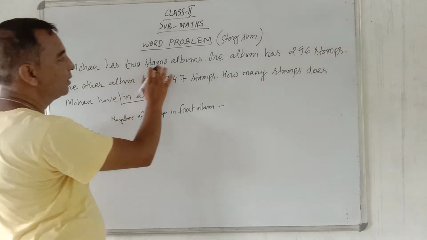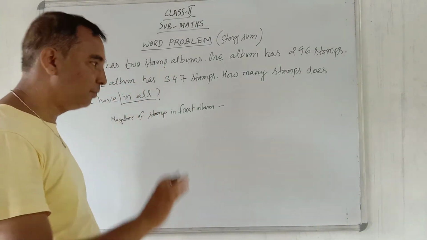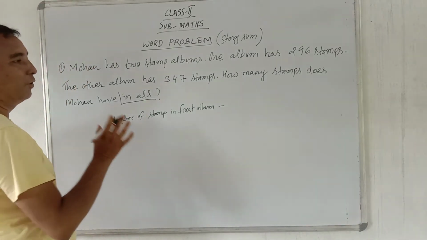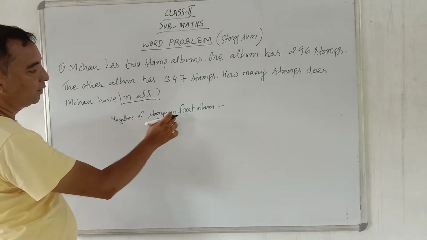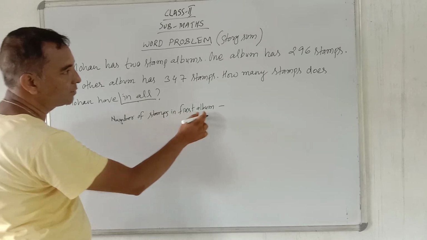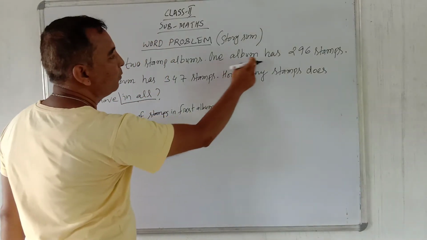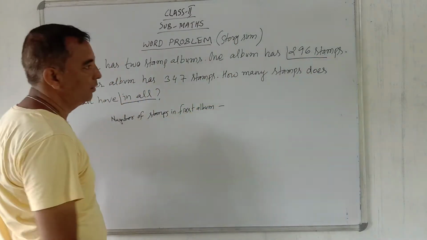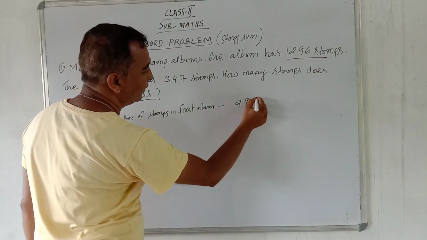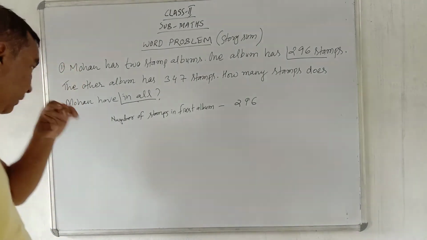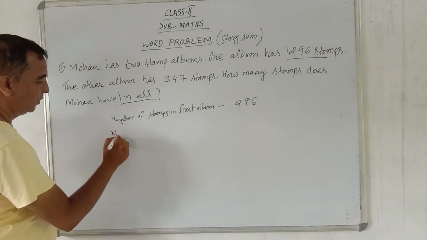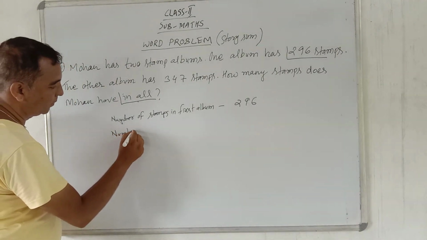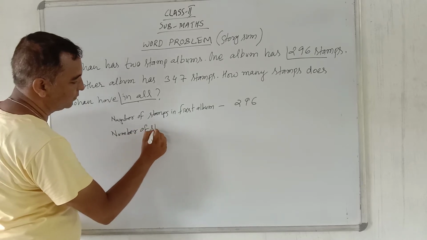Mohan has 2 stamp albums. Now we have to find the number of stamps in the first album. It means one album has, in the first album, how many stamps are there? 296.